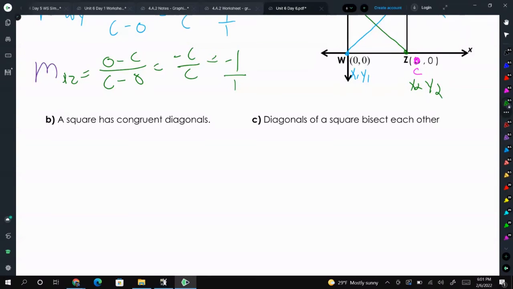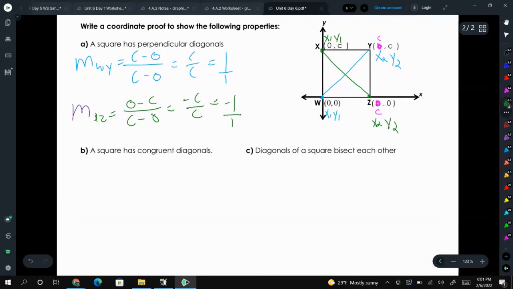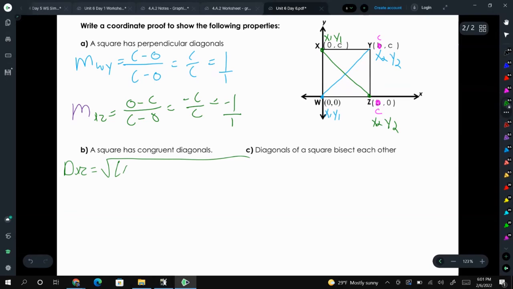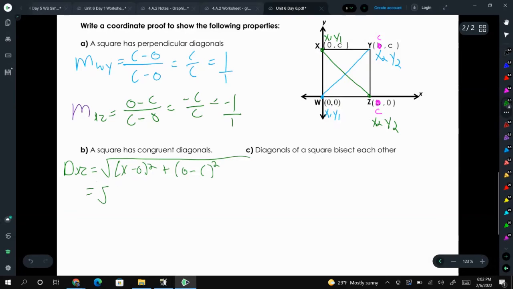So now let's do this part. Let's see that they have congruent diagonals, which is the distance formula. And luckily we have our points listed already. So the distance of XZ is the square root of x2 minus x1, so c minus 0 squared, plus y2, 0 minus y1, c squared.